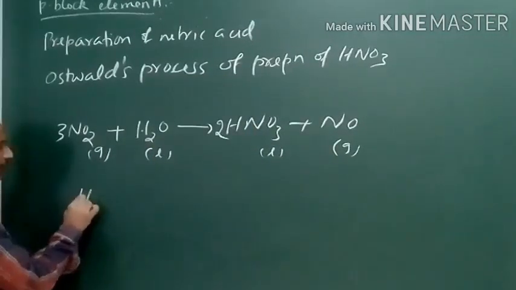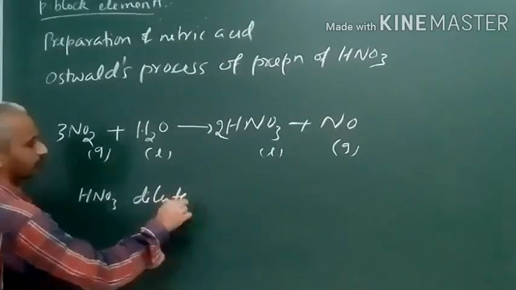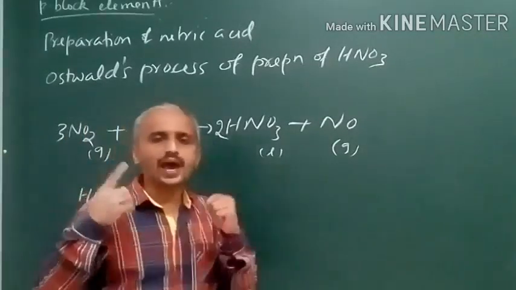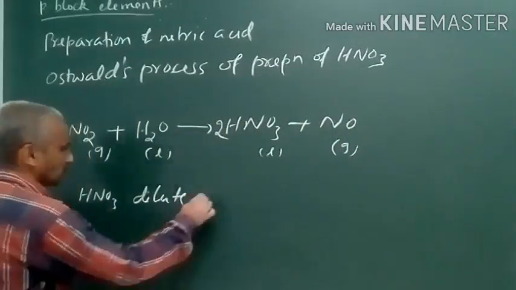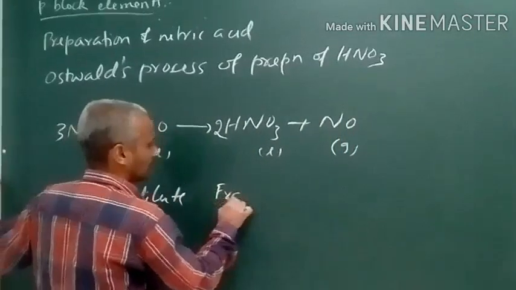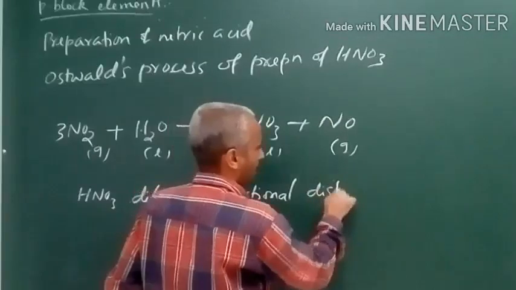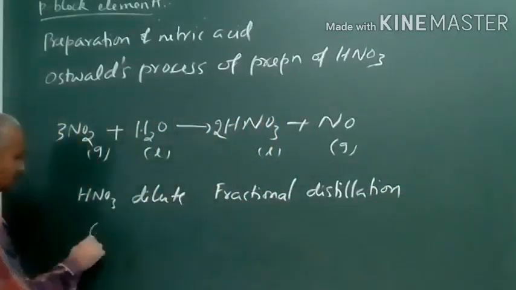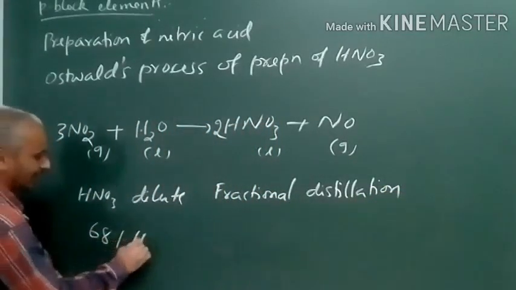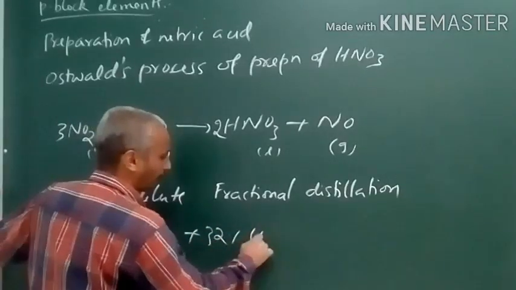Whatever HNO3 is obtained is very dilute in nature, so go for fractional distillation. This fractional distillation ends with 68% HNO3 and 32% water.